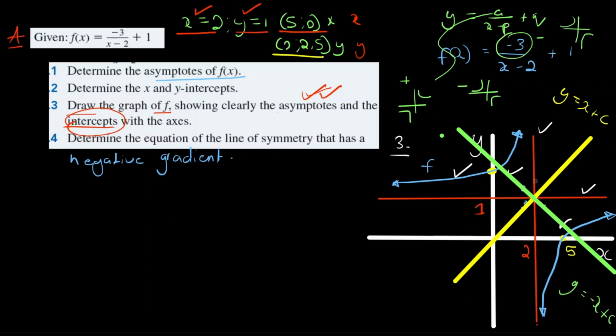The important note that you need to take is that both these graphs pass through the point where the two asymptotes meet, and that point is (2;1), because x is 2 and y is 1 at that point. So that's the most important takeaway. But going back to our question, it asked us to find the equation of the line of symmetry that has a negative gradient.